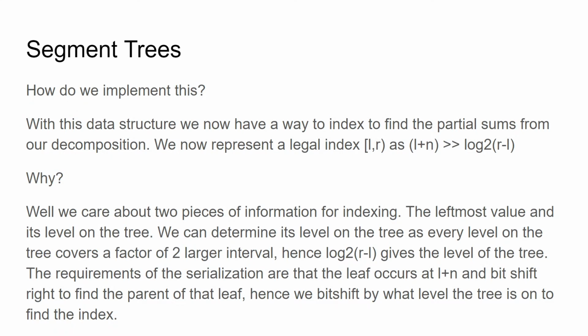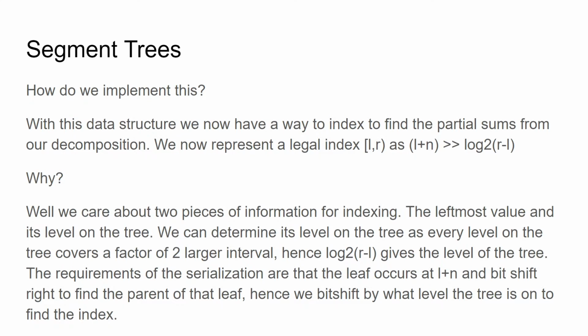But if you think about it, on every level we're increasing our interval by 2, so this makes sense as we're moving up the tree, creating larger and larger intervals.